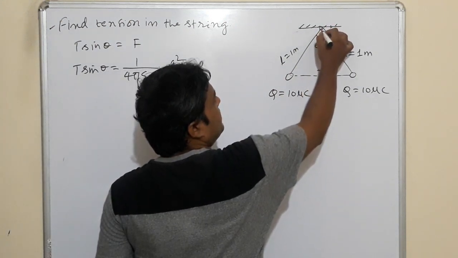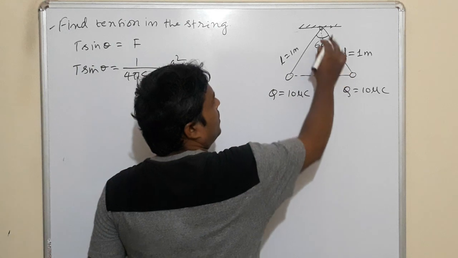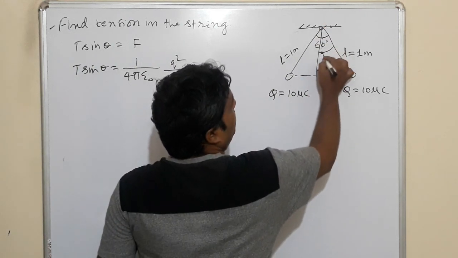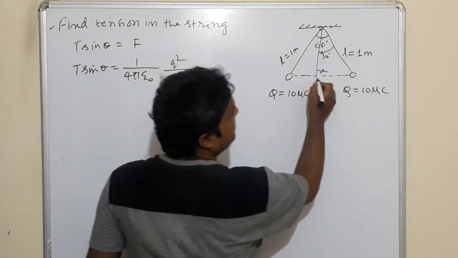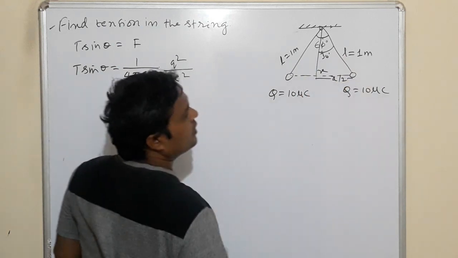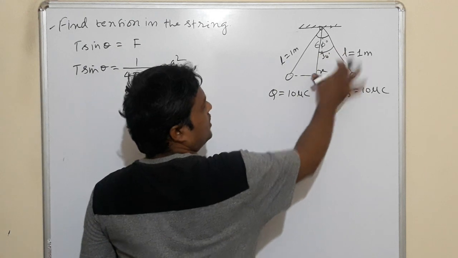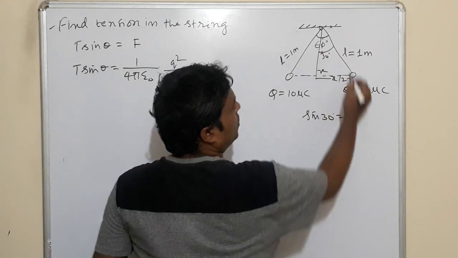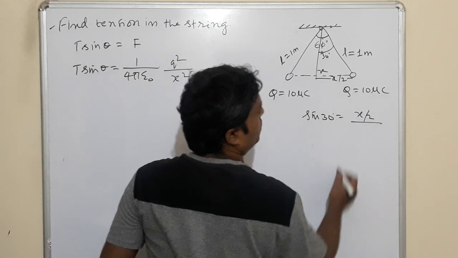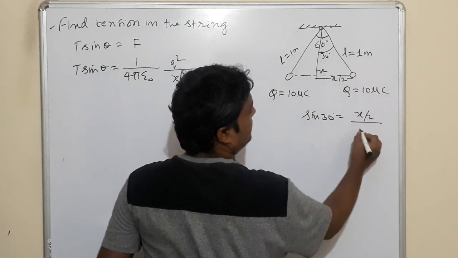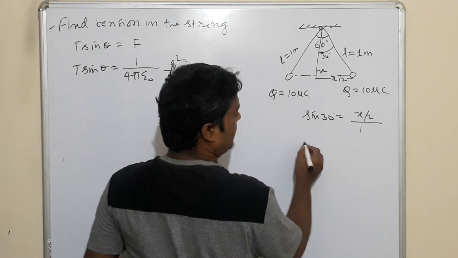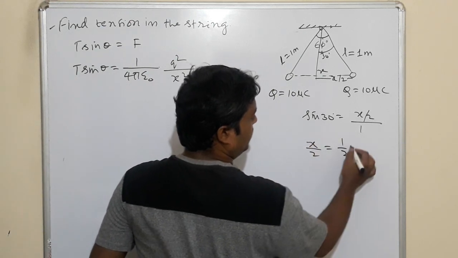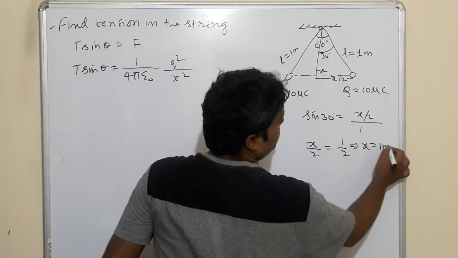See, if you divide this with the angle bisector, this angle will be 30 degree. Then this side is x by 2. Writing opposite by hypotenuse, sin 30 is equal to x by 2 over the hypotenuse, which is the length, 1 meter. So x by 2 is equal to sin 30, which is 1 by 2, which implies x is also equal to 1 meter.